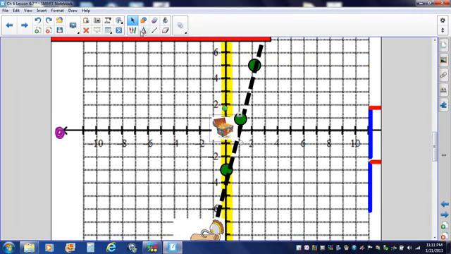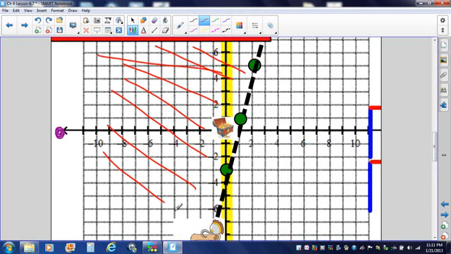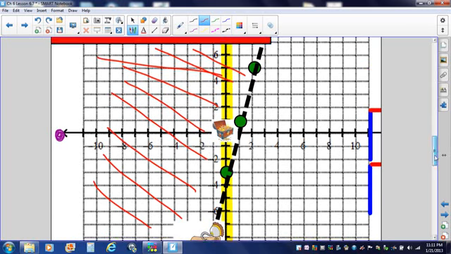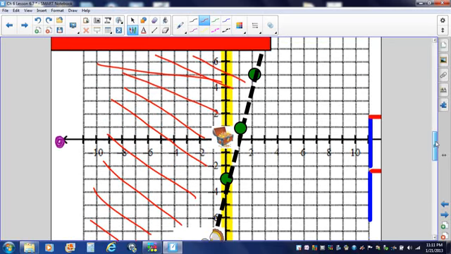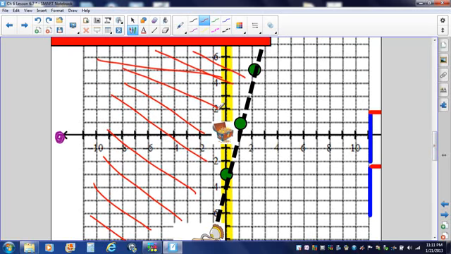Since the treasure's there, you're simply going to take your pencil and shade the left side of your line, because the treasure is over here on the left side of our line.